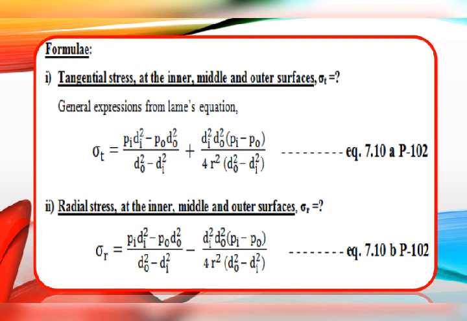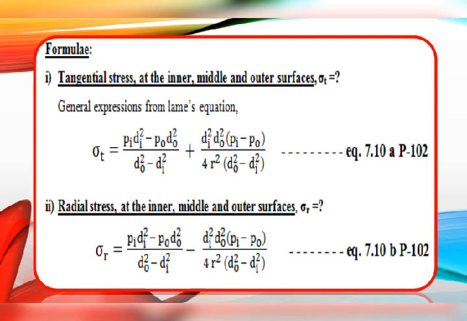Now the next equation, radial stress at the inner, middle and outer surfaces. For this we must refer to equation number 7.10b, page number 102, and the equation will be sigma r equal to (Pi di square minus P naught d naught square) divided by (d naught square minus di square), minus the second term, di square d naught square (Pi minus P naught) divided by 4r square (d naught square minus di square).